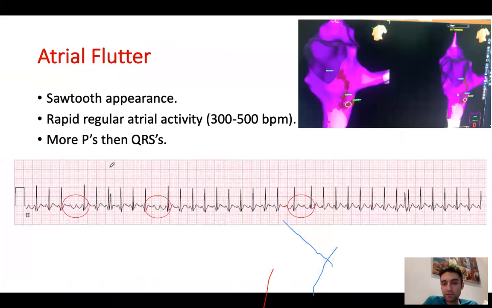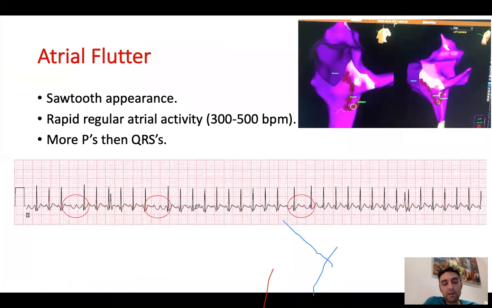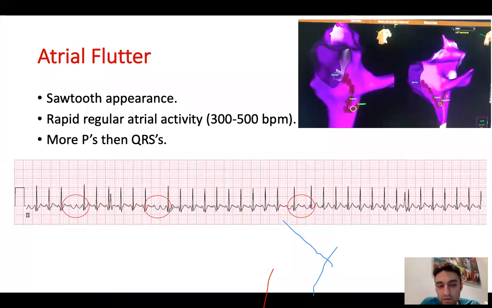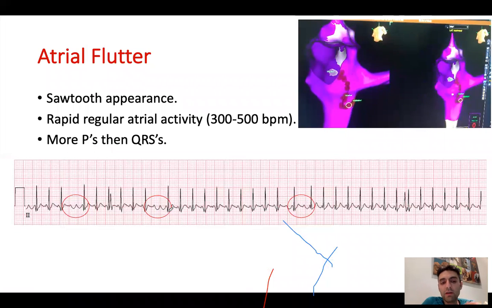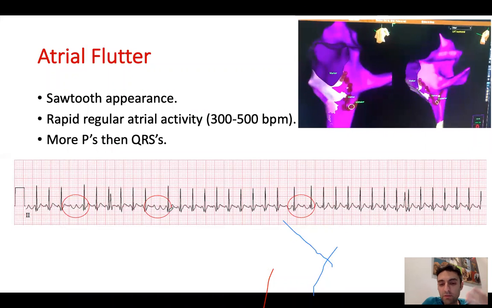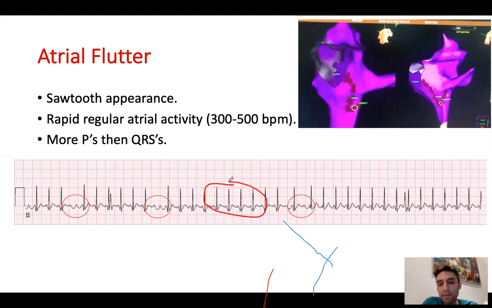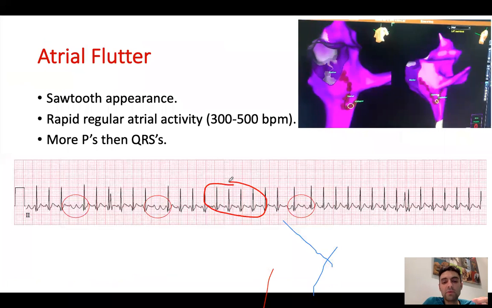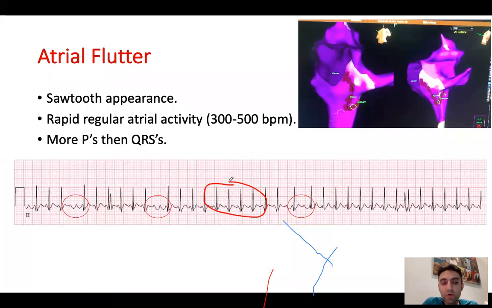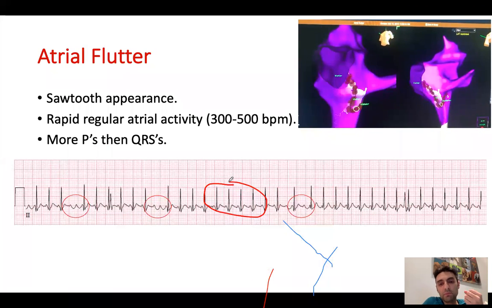Obviously there are flutter waves in between. When the patient blocks, when his AV node blocks for some reason, you see nicely flutter waves. Of course, if there is 2-to-1 conduction, for example here, it's difficult to see the flutter waves. That's why, if you're not very sure, when you give adenosine, always print the ECG during adenosine administration.